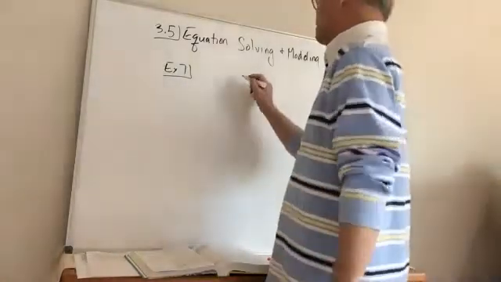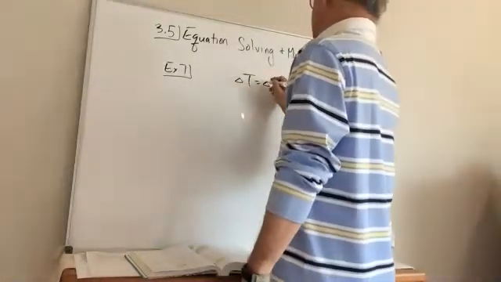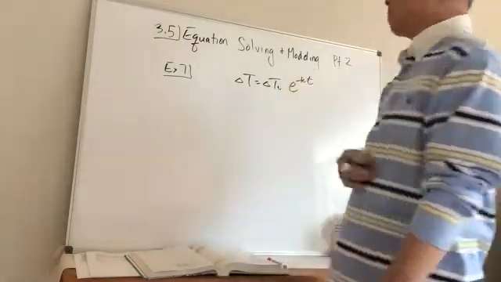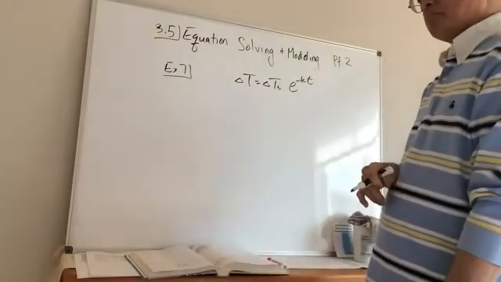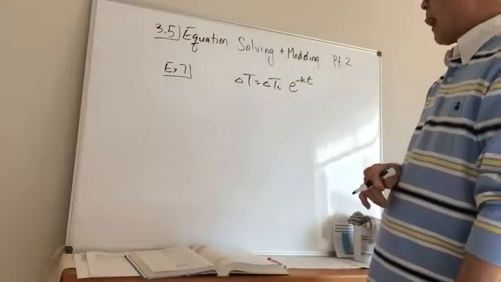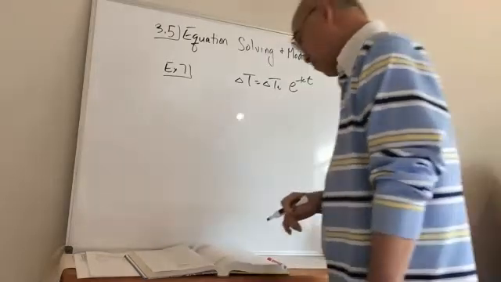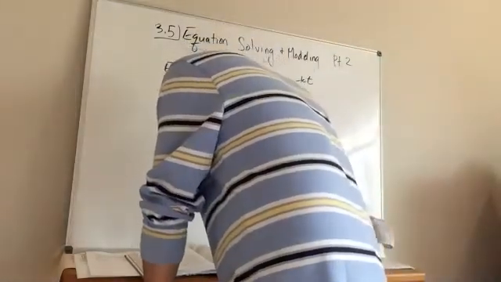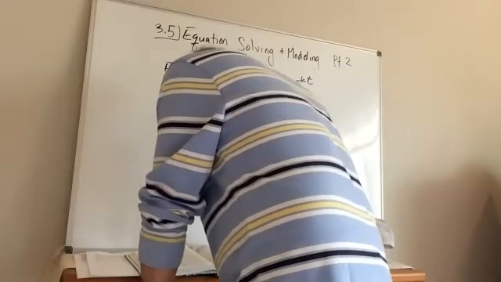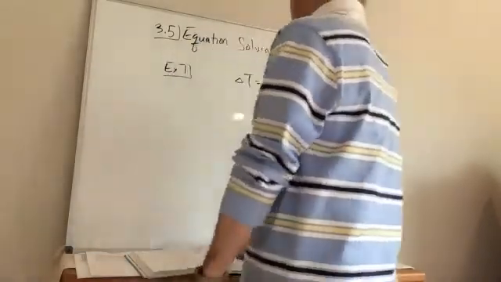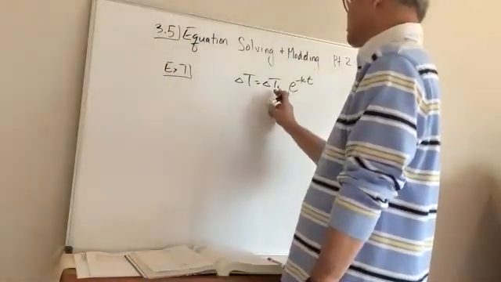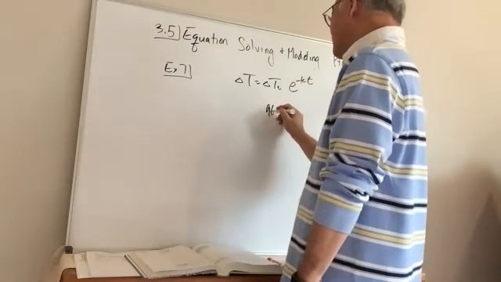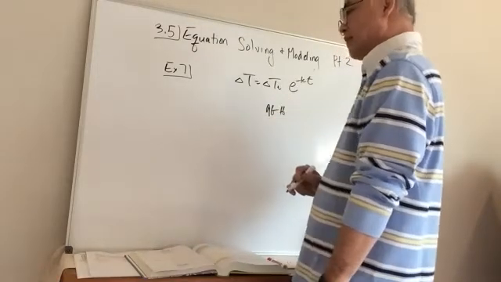Okay, again, let's look at it this way: delta T equals delta Ti times e to the negative Kt. So the initial temperature is 96 degrees, so the initial temperature difference is going to be 96 minus 16.